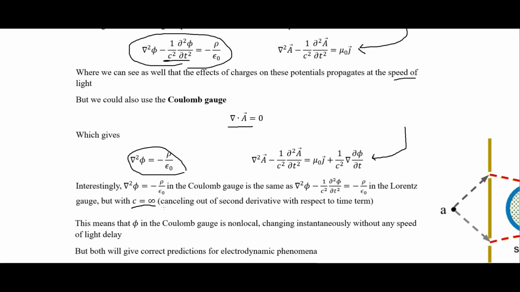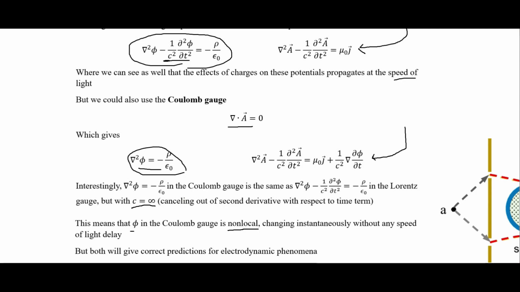We're saying that the speed of light is infinity, so it cancels out that term, and we are just left with this. This means that the phi in the Coulomb gauge is non-local. It changes instantaneously without any speed of light delay.